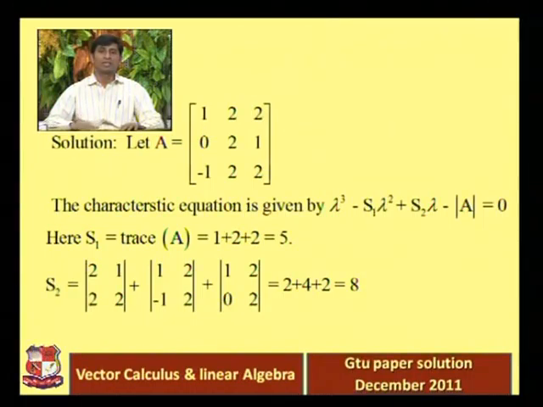Then the minor of the second main diagonal element, that is 2, gives another 2 cross 2 determinant, 1 2, minus 1 2, and then the third determinant is 1 2, 0 2. Adding those 3 determinants gives 2 plus 4 plus 2, that is equal to 8. So s2 is equal to 8.